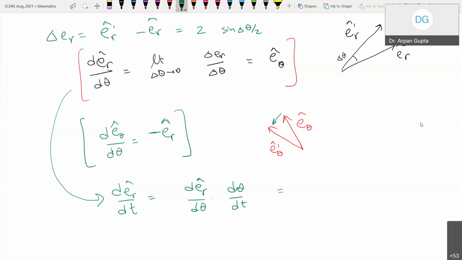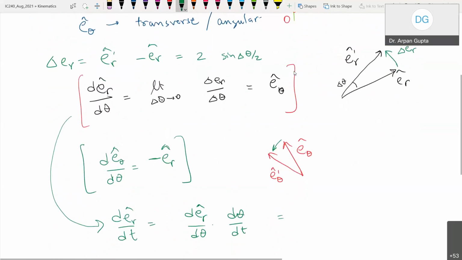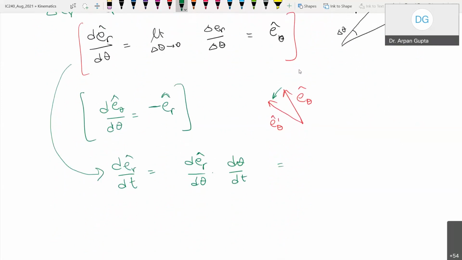And here d theta by dt is known to us, because we are observing it from point O. And that is the difference of polar coordinates with respect to the path coordinates. In the path coordinates, theta dot is not known, but here we know theta dot. So therefore this becomes de_r by d theta times theta dot. So this is your e_r dot.